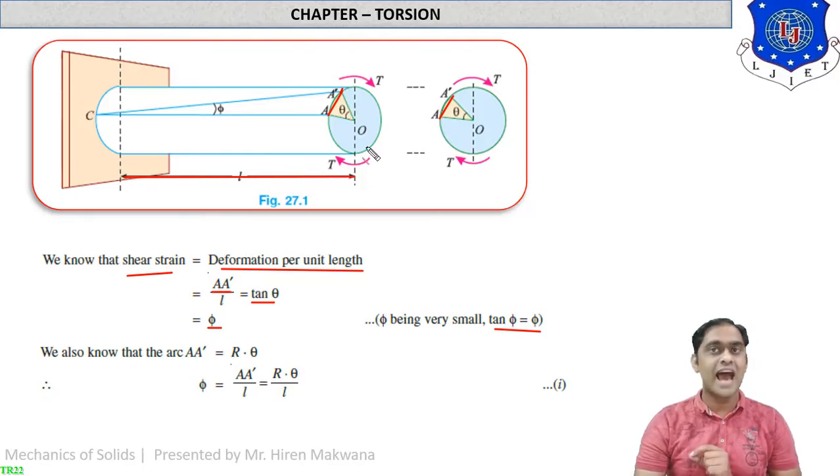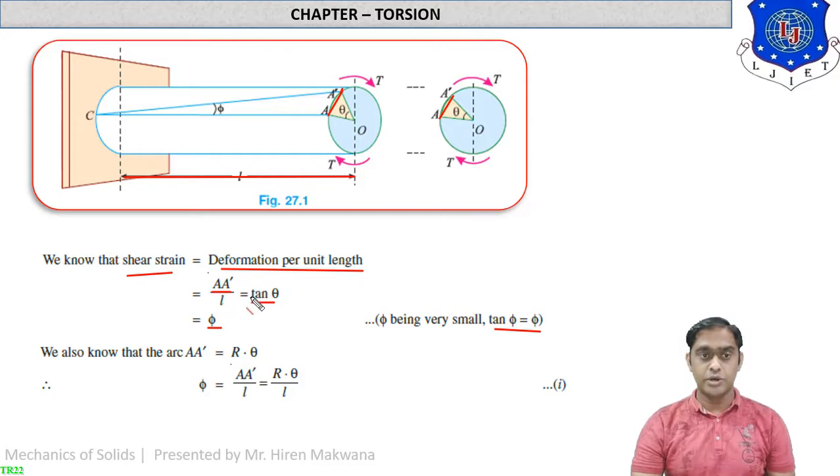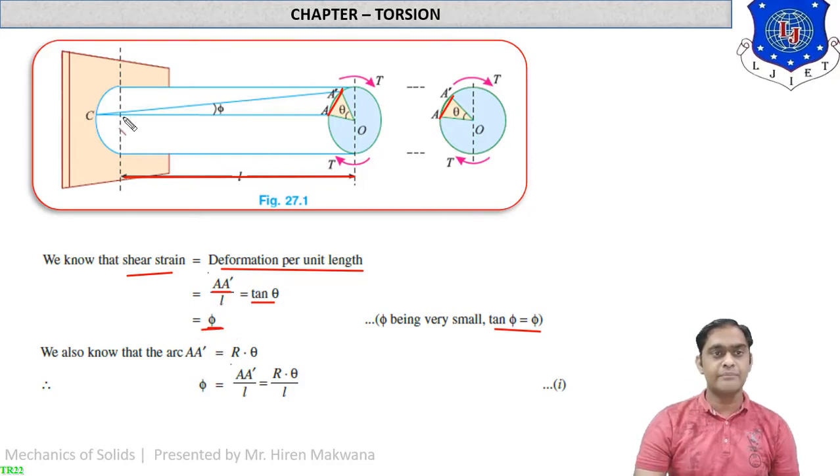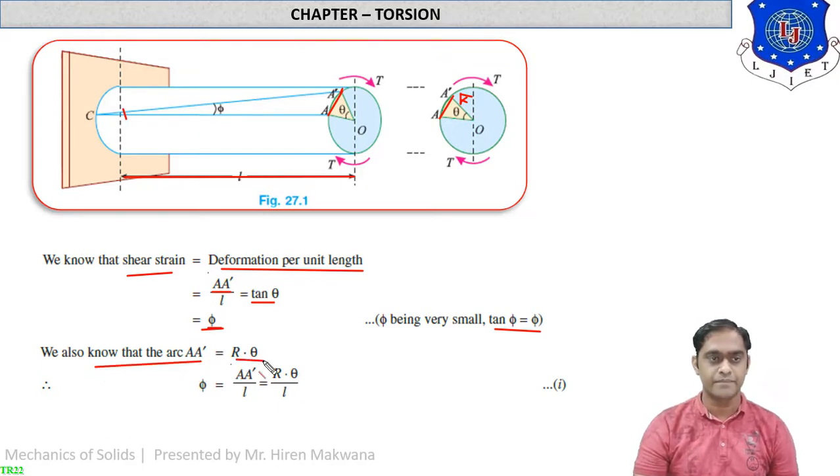Length of the arc is equal to radius into angle subtended at the center. So from that also, AA dash upon L is equal to the angle phi subtended at the back side. While looking in the side view, AA dash is equal to R into theta, where R is the radius. R into theta will be the arc length AA dash. So this is another notation.